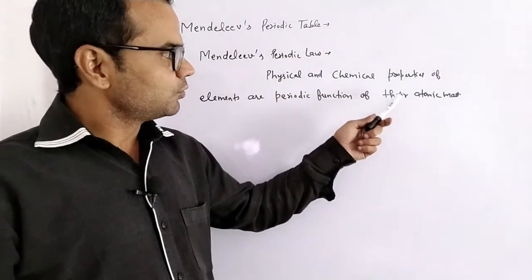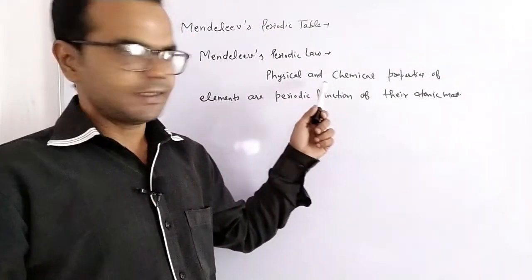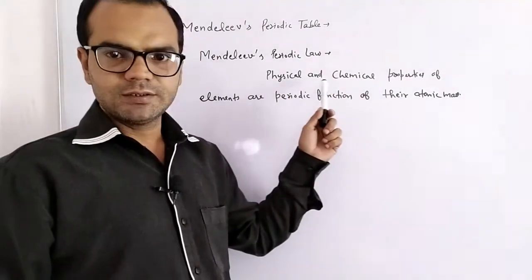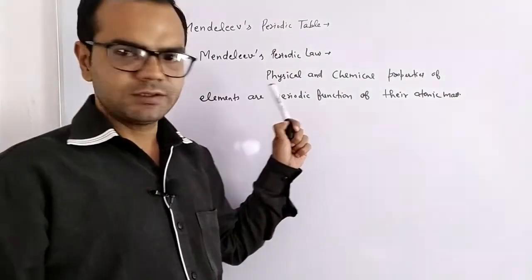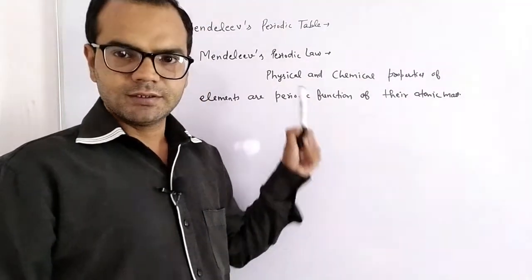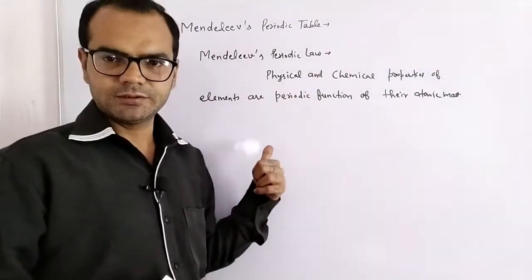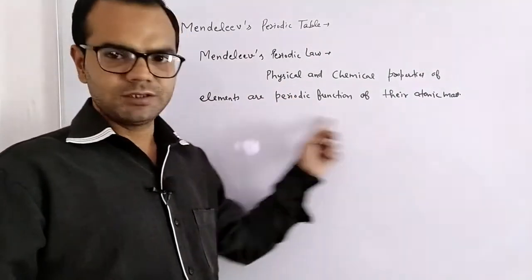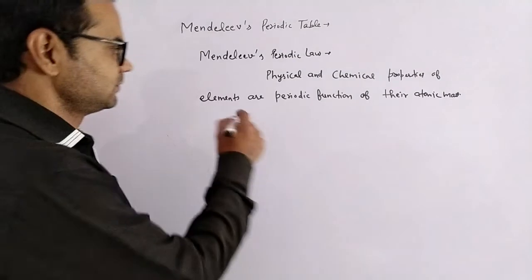He tried to arrange all the elements available at that time in periods and groups. For the first time he introduced the concept of group and period. The vertical column is a group and the horizontal column is a period.